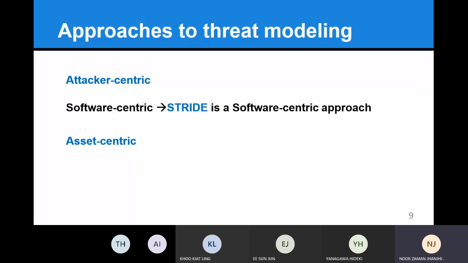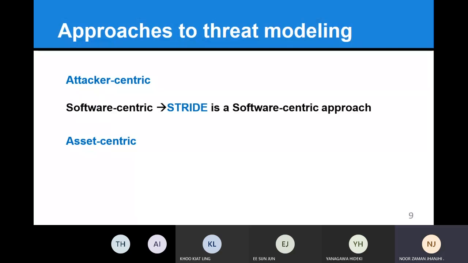One of the approaches is attacker-centric. For example, this is the main issue, so we read and study the design with respect to how we can protect against the attackers. If this is our concern, then this approach to threat modeling is known as attacker-centric.